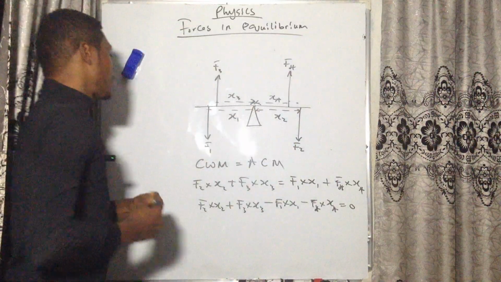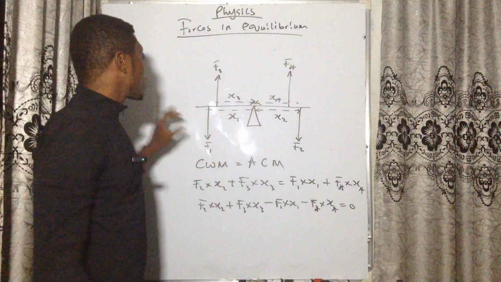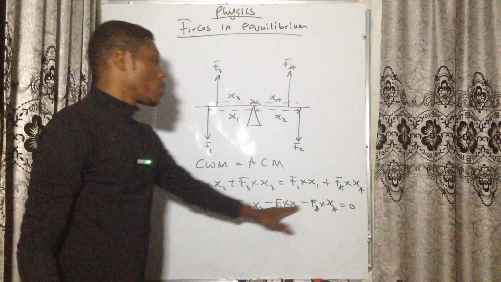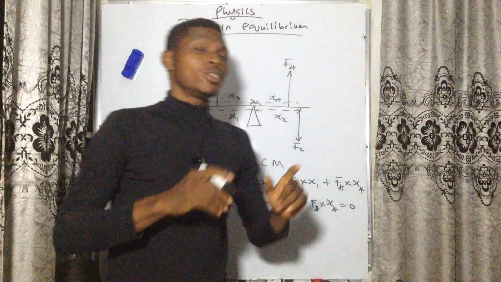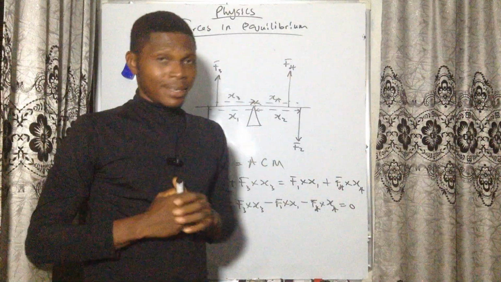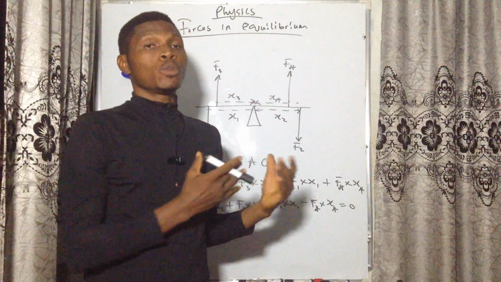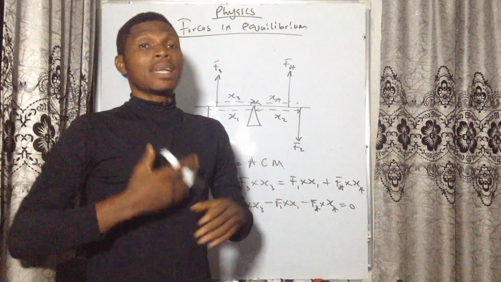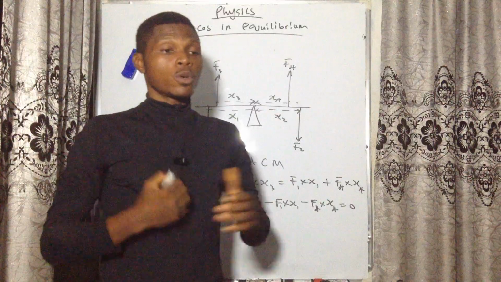So this is from the second condition, that the algebraic sum of the moments about any point on the body is equal to what? 0. So for a body to be in a state of equilibrium, these two conditions must be satisfied. So now that you have understood what it means for a body to be in a state of equilibrium, my next video will be questions on this. Okay? So get ready.